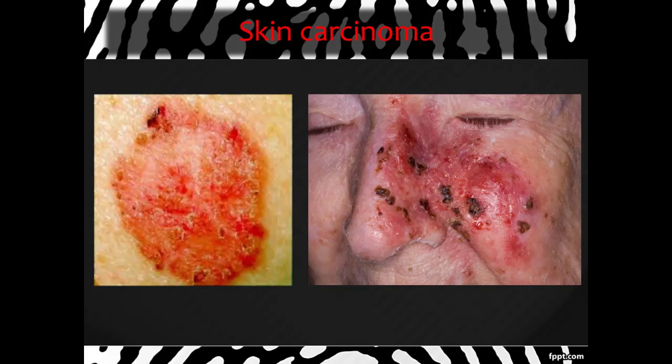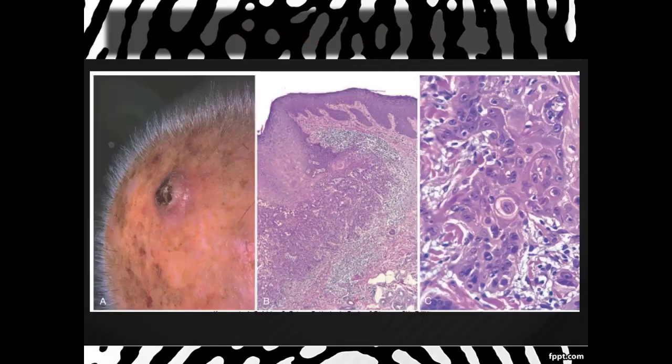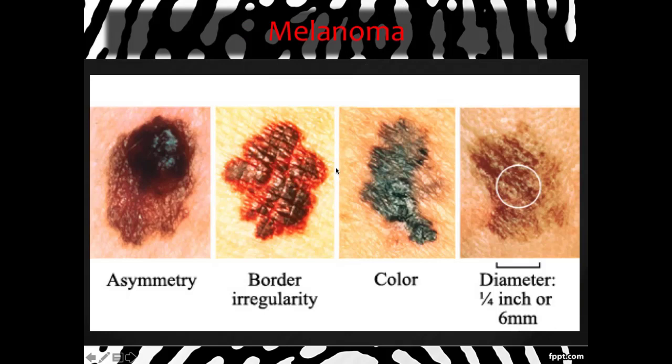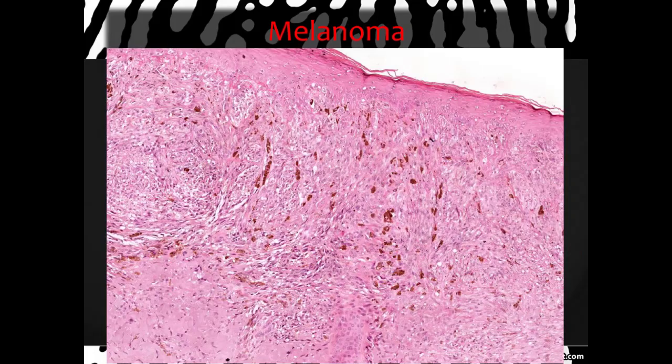These are very aggressive tumors which can also usurp the underlying bone of the face, for example. Like that, you can see the tumor here. And we already were talking about the melanoma, so it's not necessary to talk about that again.